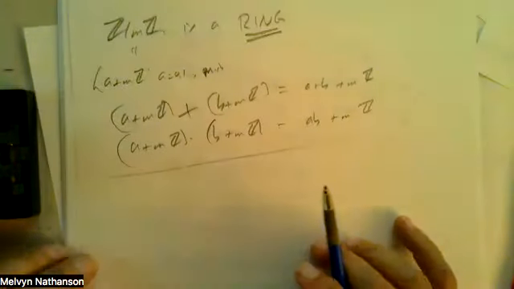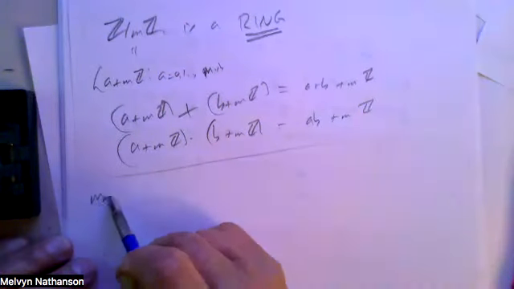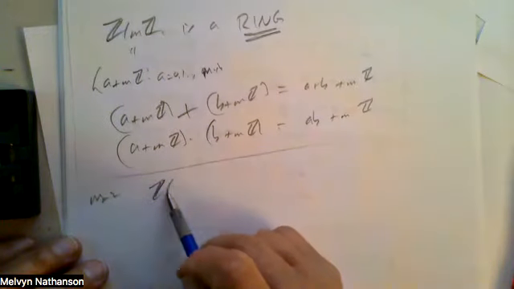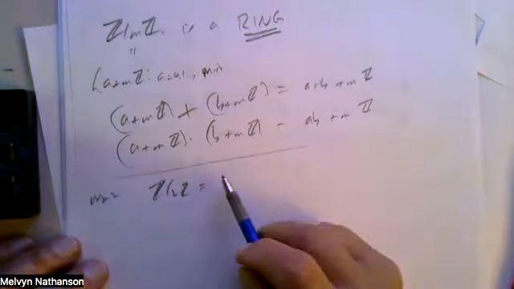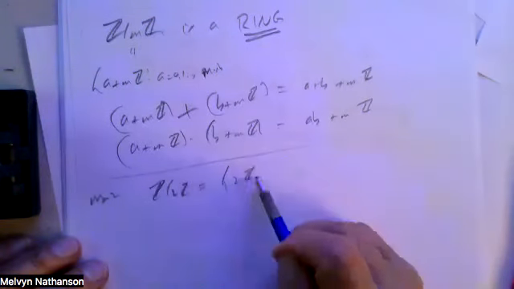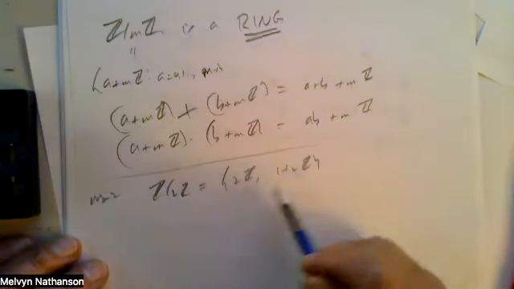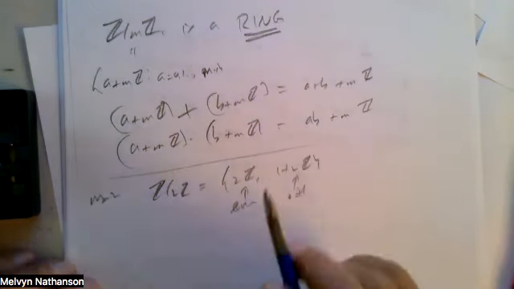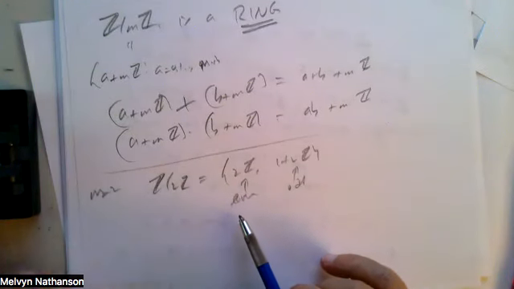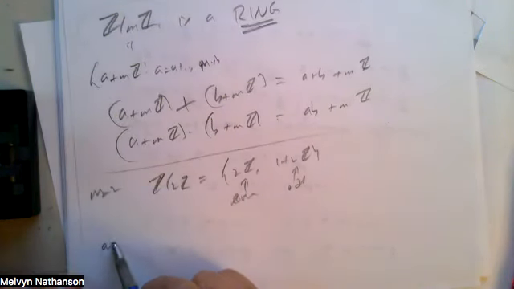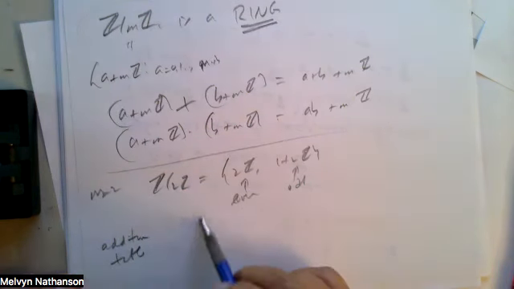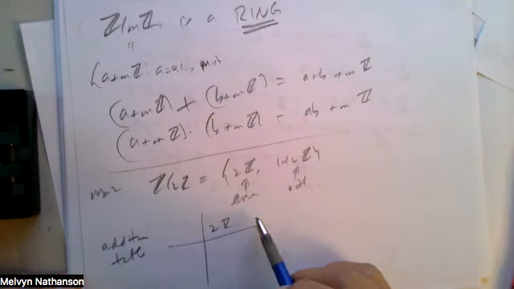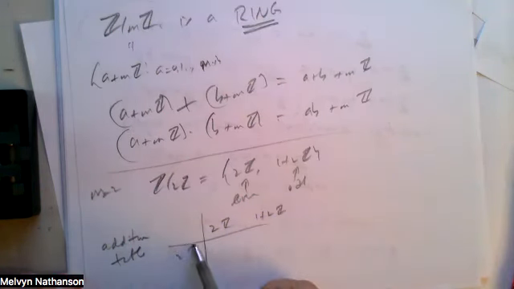So again, the simplest example is always the case M equals 2. Z mod 2Z consists of the two congruence classes, 2Z and 1 plus 2Z. This is the set of even numbers. This is the set of odd numbers. And what is the addition table? 2Z, 1 plus 2Z, 2Z, 1 plus 2Z.